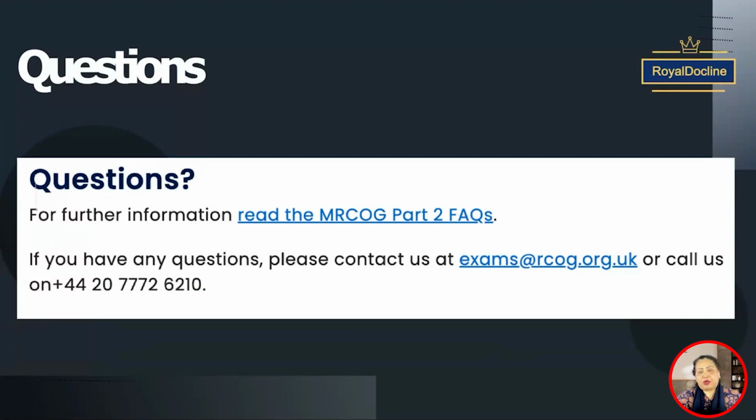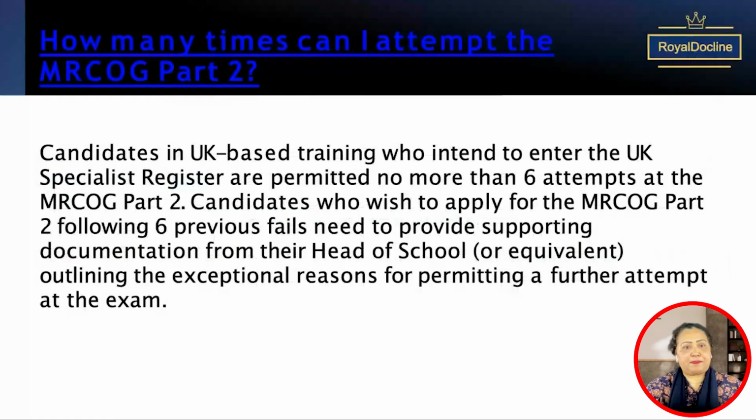You can just click on them and read about them. Maybe there is something in your mind to which you would like an answer; the college is very helpful in this regard. They have given their email address, and you can even call them on the given number. This is all given on the RCOG website.